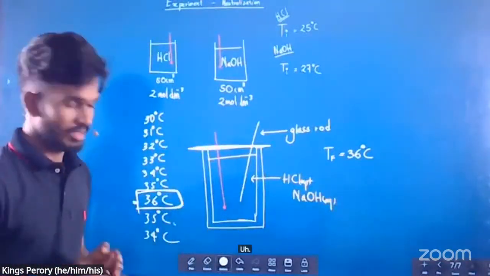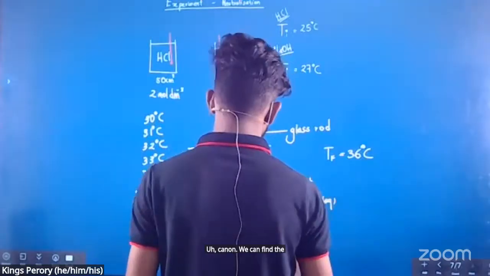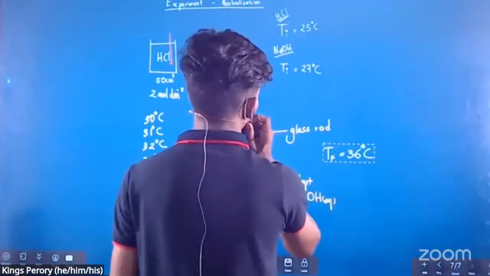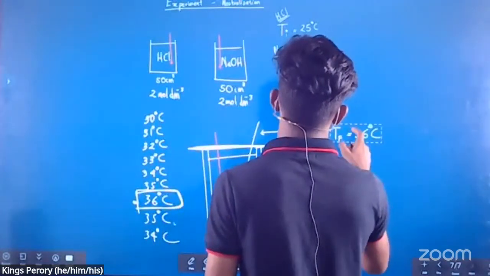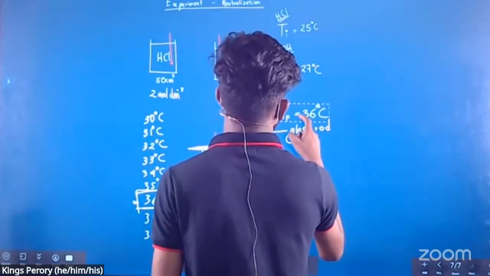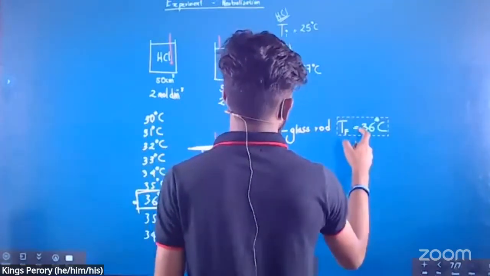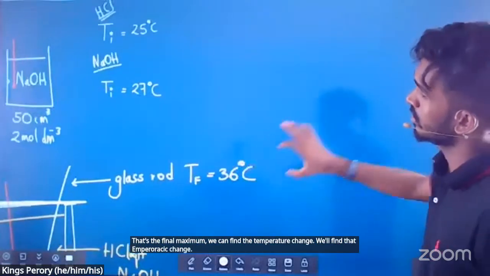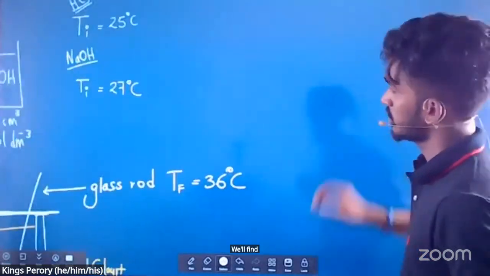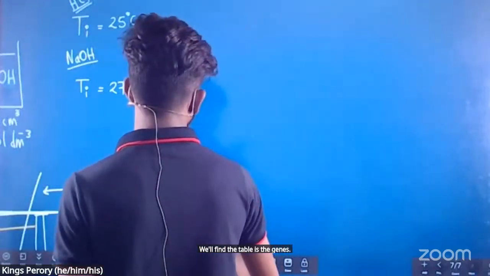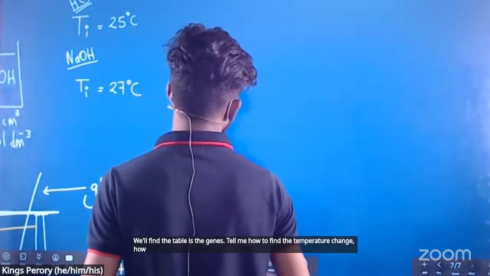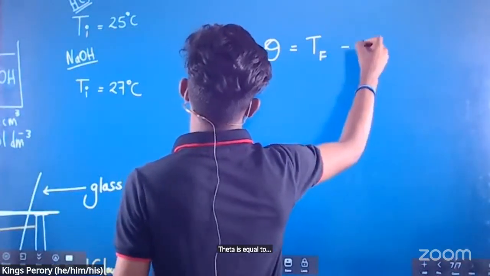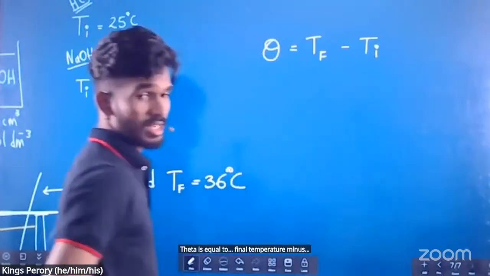Yes, we can find the temperature change. Tell me how to find the temperature change. How to find the theta value? Theta is equal to final temperature minus initial temperature.